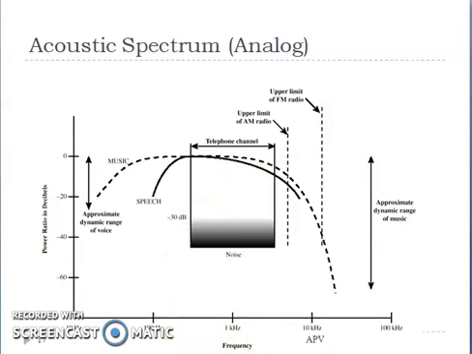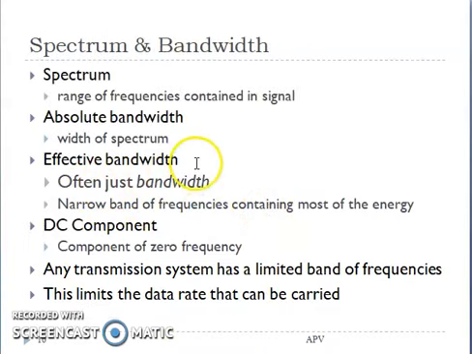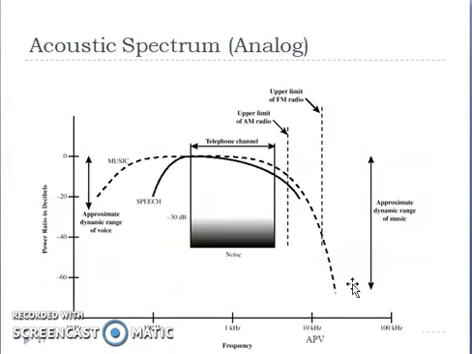That is what is known as the effective bandwidth, or simply the bandwidth of the signal. Again, the DC component is the component of zero frequency. Any transmission system has the capacity to handle a limited band of frequencies. That limits the channel capacity or data rate of the system.